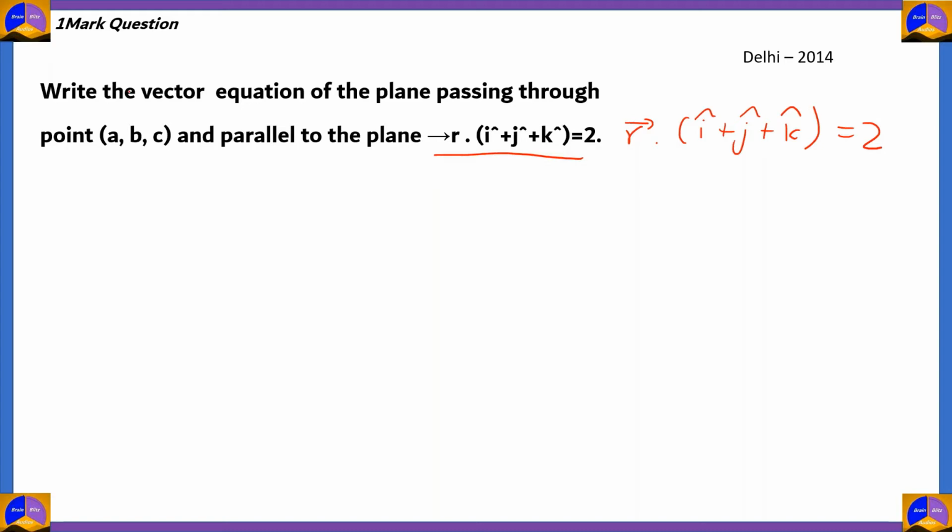We need to find the vector equation of a plane passing through the point (a, b, c) and which is parallel to the plane given. Now, a vector equation is of the form r bar dot n bar is equal to p.